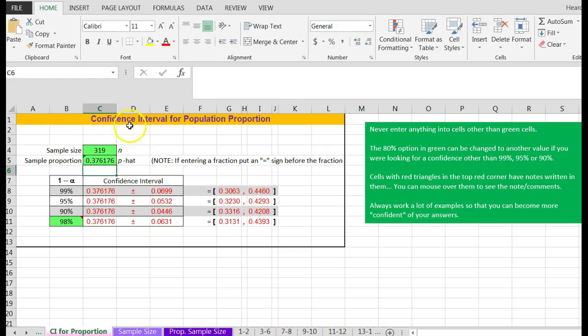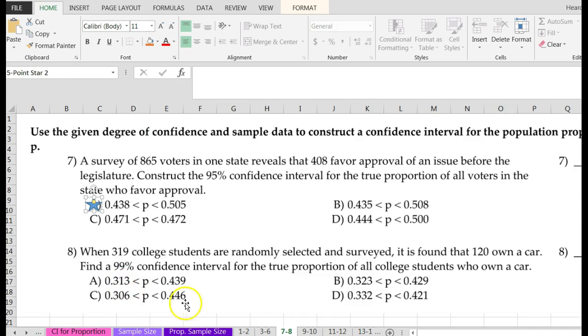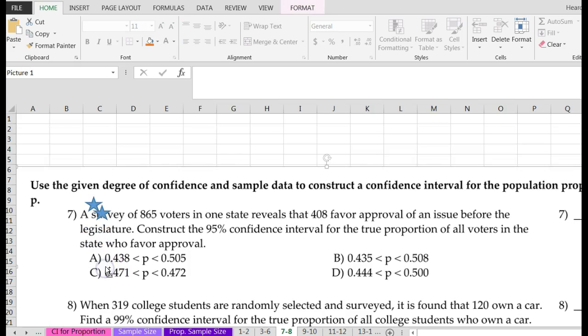Hit that button, and we're looking for the 99% confidence interval, so I can look to the right of 99. 0.306 to 0.446. Let's take a look. Bazinga, there it is, choice C. Too easy. Let's just put a star. Oh, I messed that up.